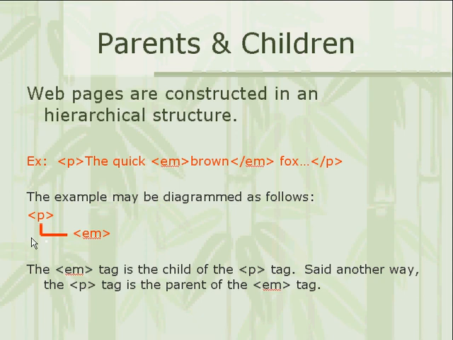Another way that we could say this is the EM tag is the child of the P tag. Said another way, the P tag is the parent of the emphasis tag. There are several different ways that you can look at those relationships, but it really is all the same. It's parents and children for now.